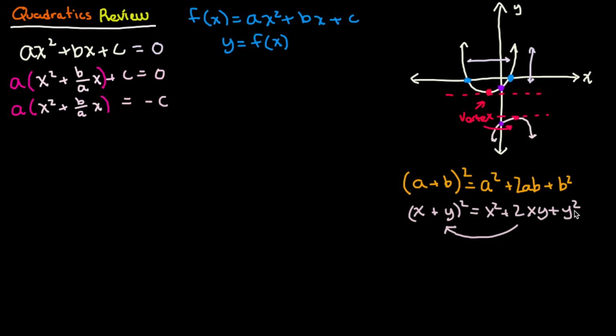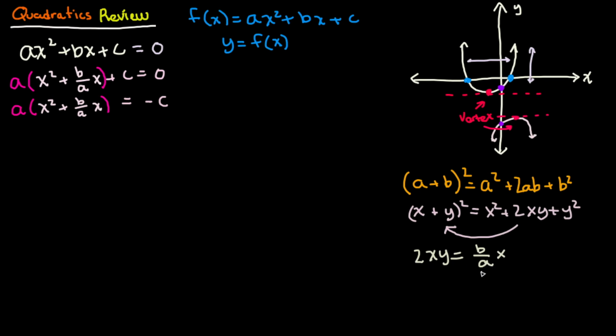Well, in order to do that, let's figure out what y actually is. So to figure out y, let's notice that 2xy is equal to b over a x. As we can see here, there are x terms in both of these equations.